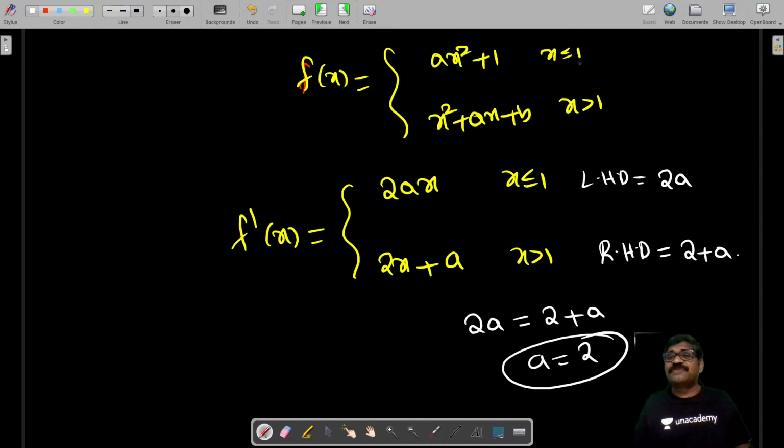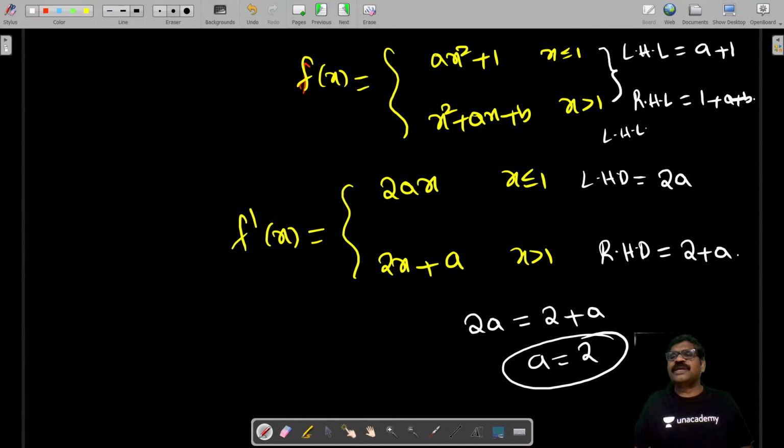When a function is differentiable, definitely the function is continuous. Left hand limit a plus 1. Right hand limit 1 plus a plus b.